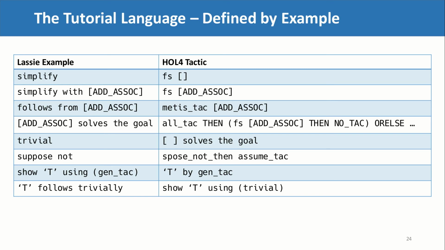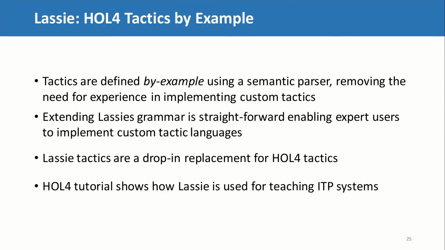To conclude, I have shown you how in Lassie tactics are defined by example using an extensive semantic parser, which removes the need for prior experience in implementing custom tactics. Doing so, extending Lassie's grammar is straightforward for expert users, enabling them to implement custom tactic languages.